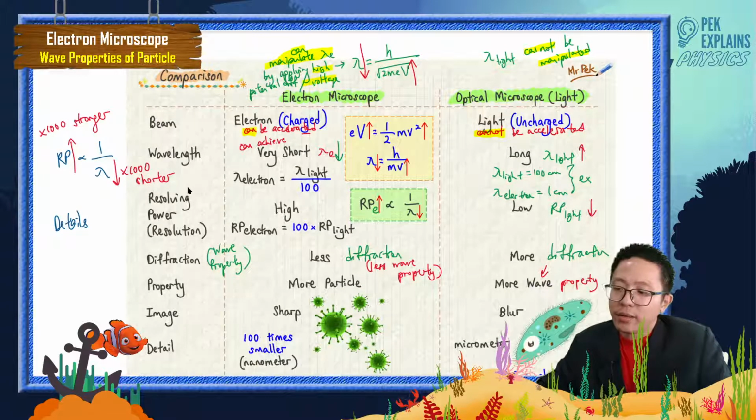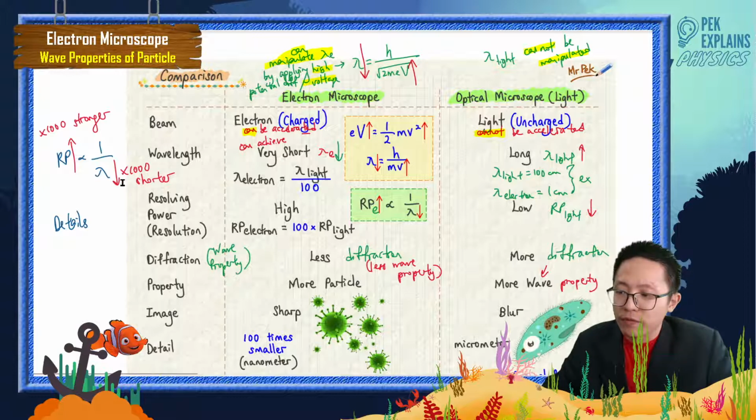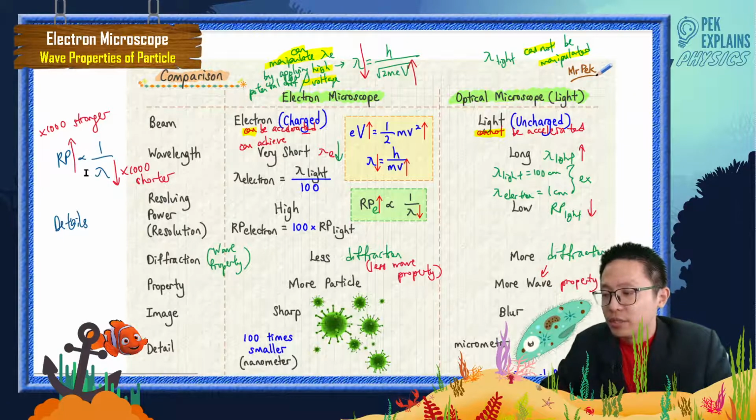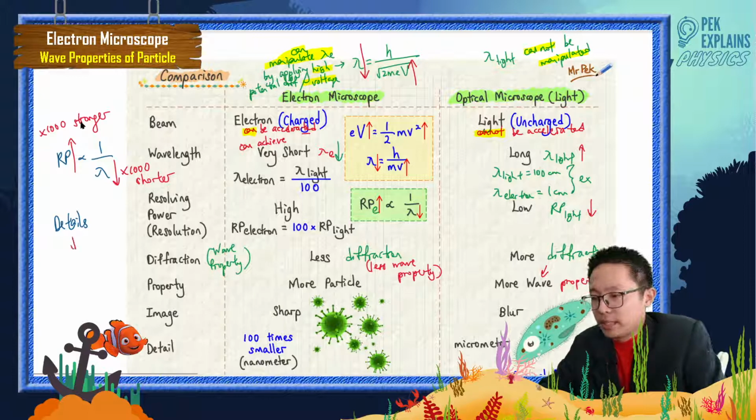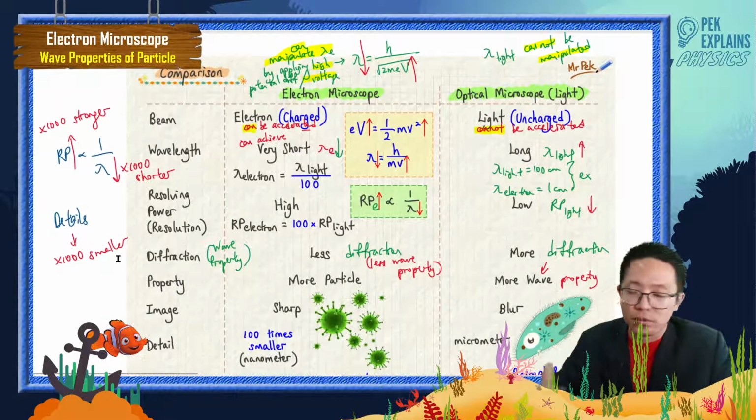If you decrease the wavelength 1,000 times shorter, you can get 1,000 times stronger resolving power. You can see details 1,000 times smaller.